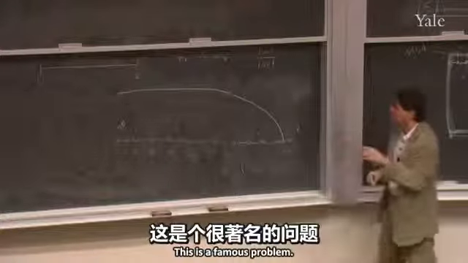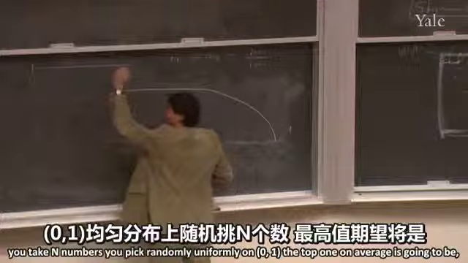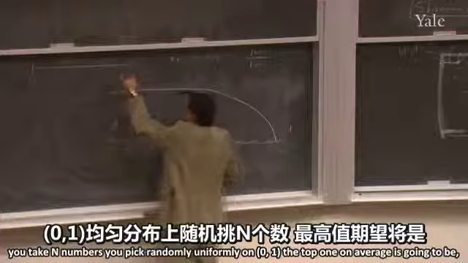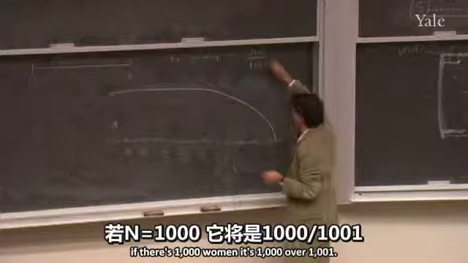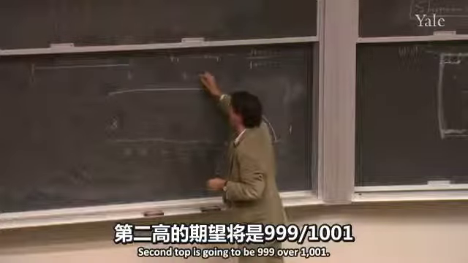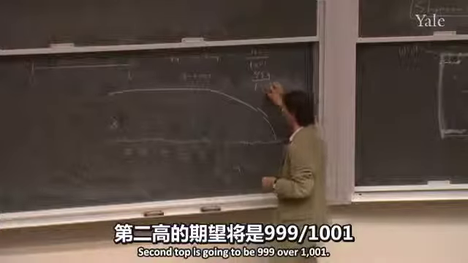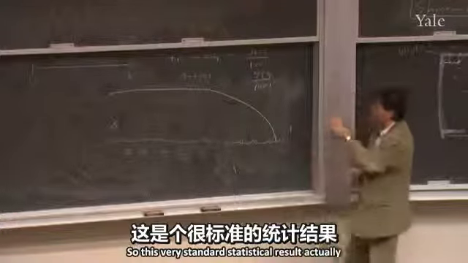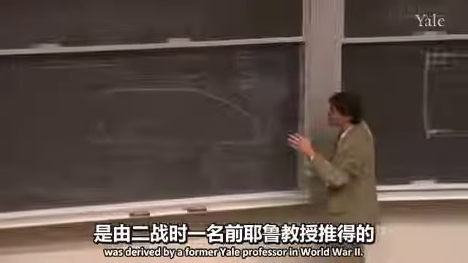Okay, this is a famous problem. If you take n people randomly, you take n numbers, you pick randomly uniformly in 0, 1, the top one on average is going to be, if there's 1,000 women, 1,000 over 1,001. Second top is going to be 999 over 1,001. This very standard statistical result was derived by a former Yale professor in World War II.